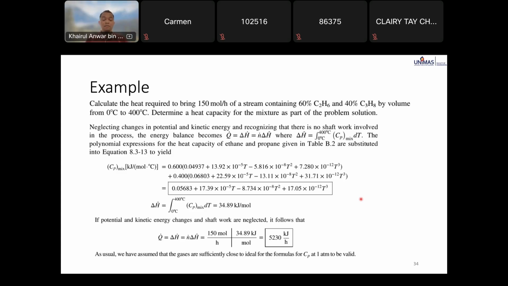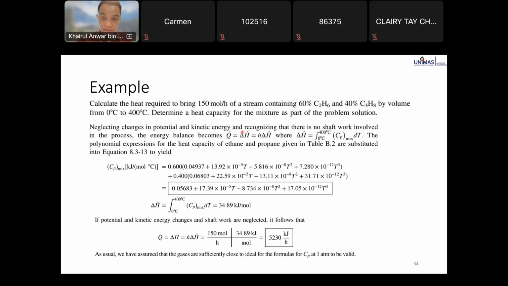Neglecting changes in potential and kinetic energy and recognizing that there is no shaft work involved in the process, the energy balance becomes Q equals delta H equals N multiplied by delta H.